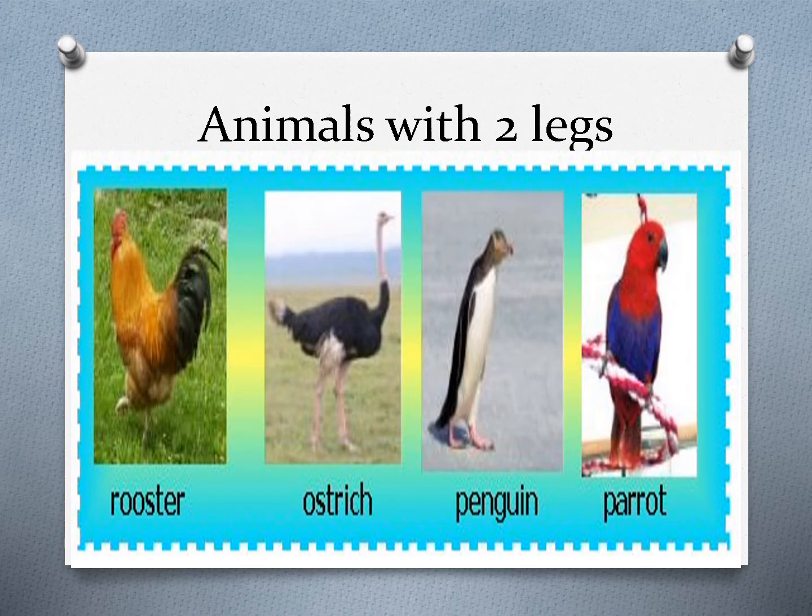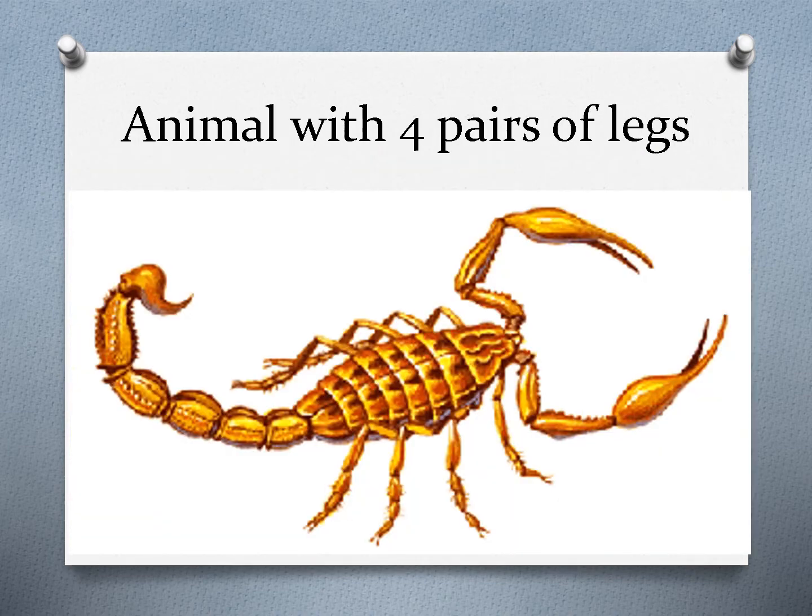There are animals with 2 legs. Okay, just like for example these birds, they have 2 legs. And then there are also animals with 4 pairs of legs, just like for example this scorpion.